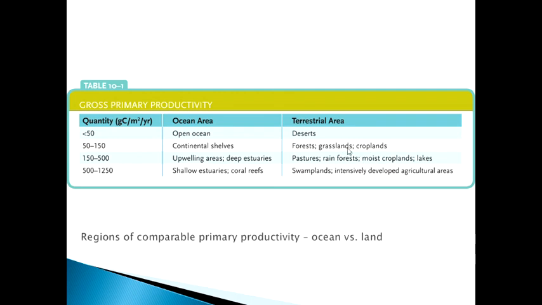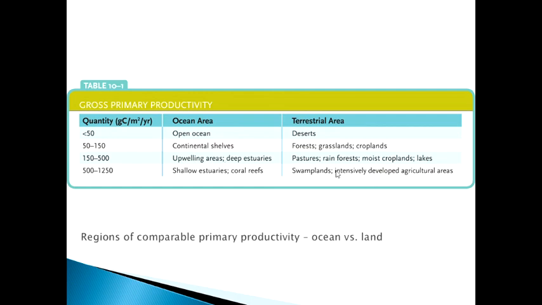Terrestrial areas like forests, grasslands, croplands, we associate those with high levels of productivity, which would be like the continental shelves as far as the oceans are concerned. Then pastures, rainforests, lakes, croplands, higher still, those are like our upwelling areas in the oceans.